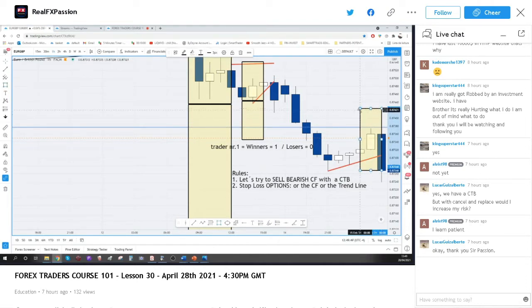So next opportunity for the trader number 1, clone, right? Trader number 1 goes 1 for 1. It's a scalping style, not on the 1-hour chart, everybody. Scalp per scalp on the 5-minute chart, 15-minute chart. We are showing you the 1-hour chart because it's slow.